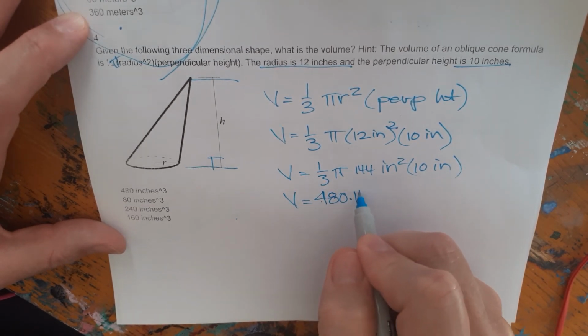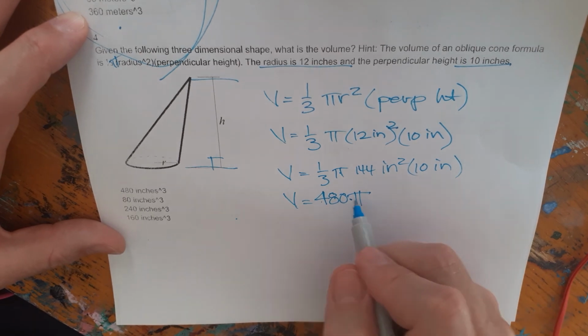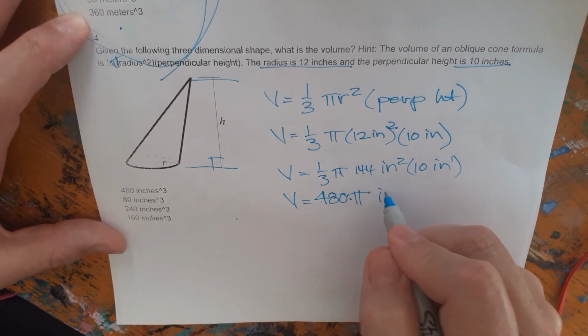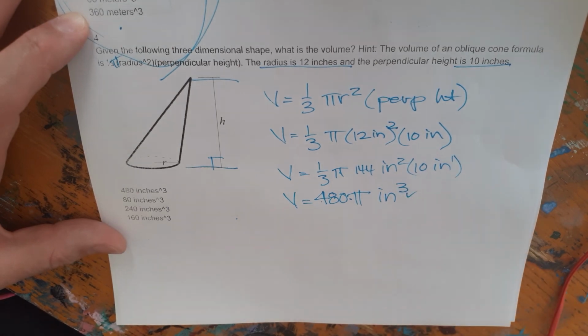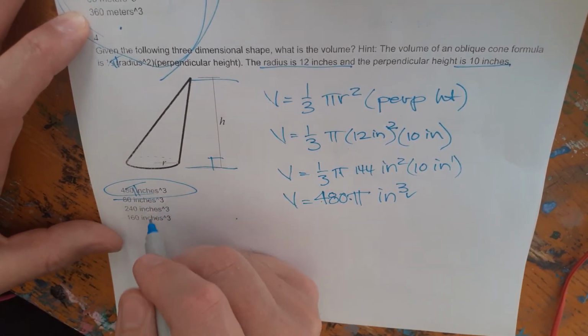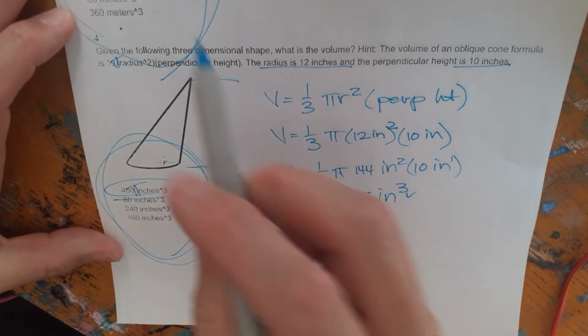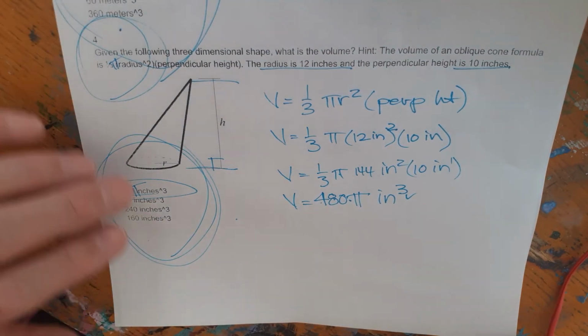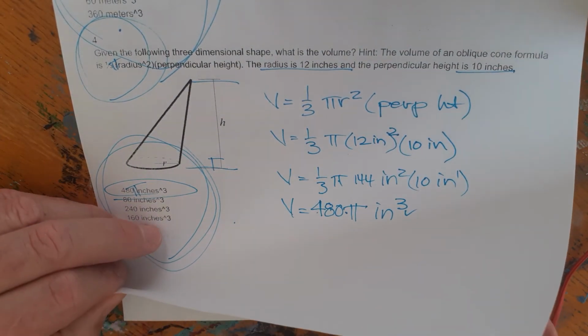We still have a pi involved. It just sits there, and we say 480 pi. And then we have inches squared times inches to the 1 power, which comes out inches cubed, which we like because that's a volume. And we have 480 pi inches cubed, all right? So there's some things to correct here, here, and here. I'll go back and take care of that before you get to the actual assignment, right?